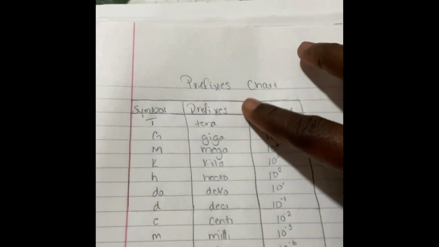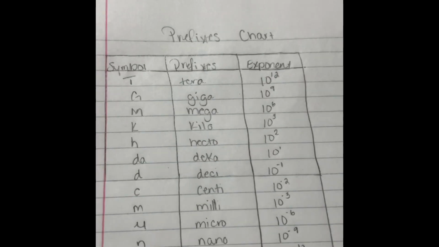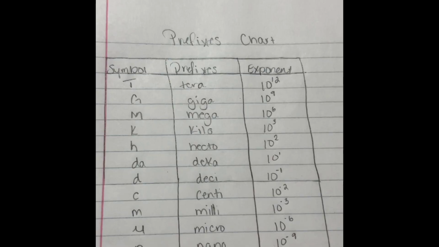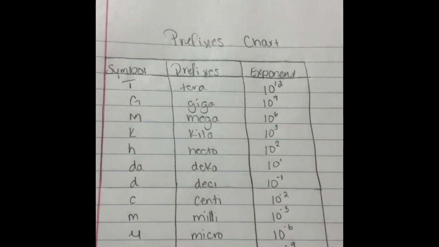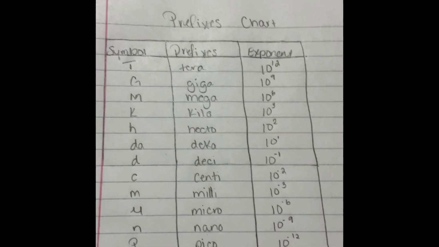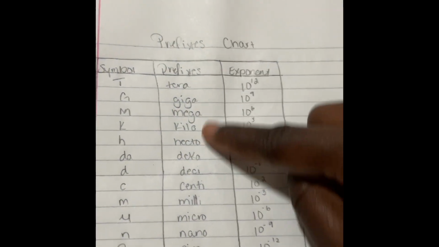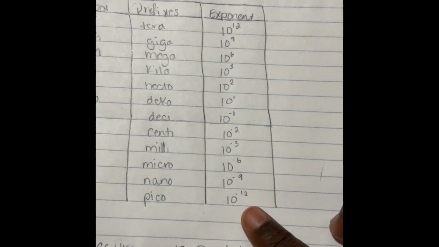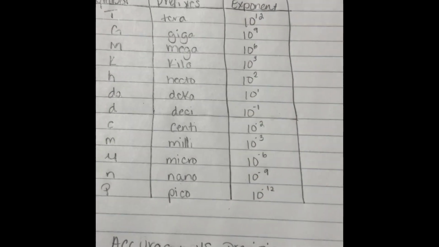There is tera, which symbol is T, giga, G, mega, M, kilo, K, hecto, H, deca, DA, deci, D, centi, C, milli, M, micro, U, nano, N, and pico, P. So this goes from the largest all the way to the smallest. And these are the exponents. It starts from 10 to the exponent of 12 all the way to 10 to the exponent of negative 12. So you could go either from smallest to largest or largest to smallest.